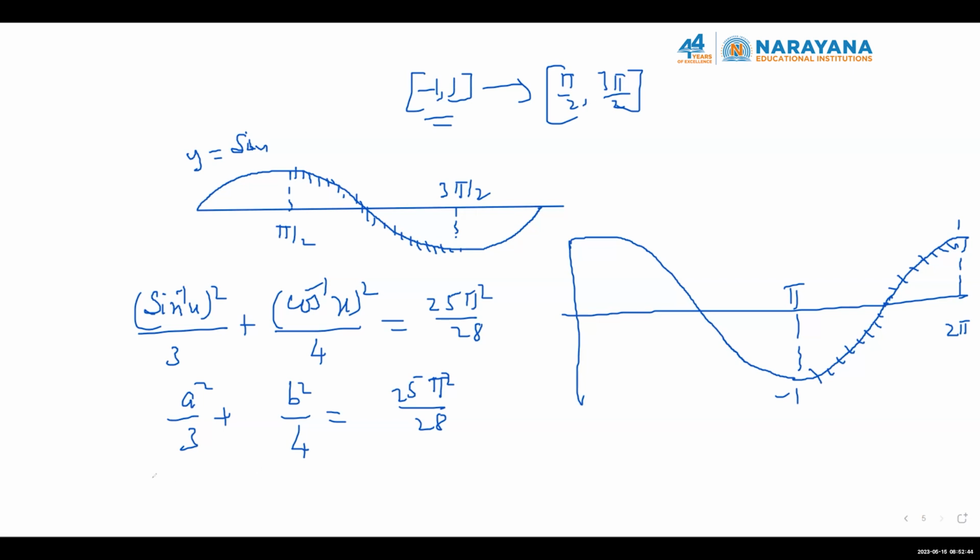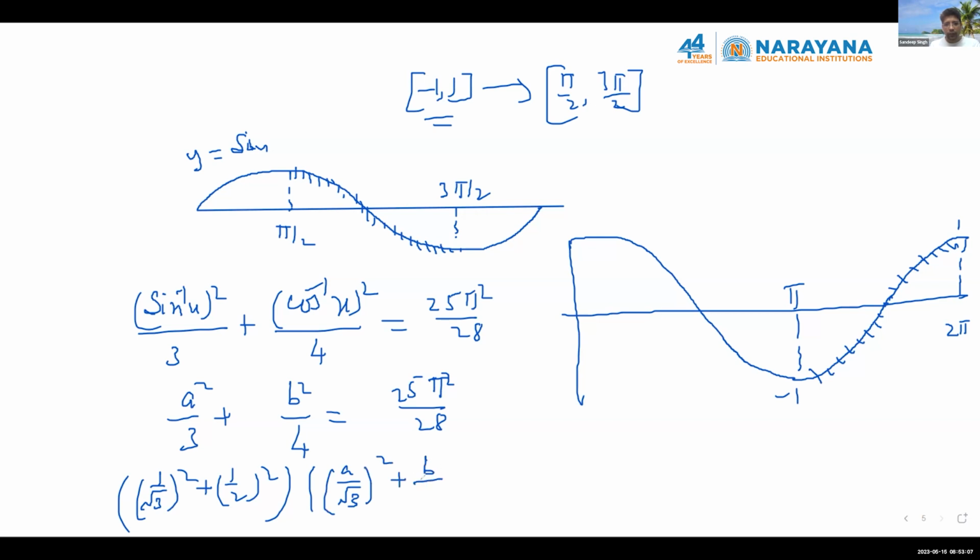Yes, sir. So here I want to keep this like this: (A1 square plus A2 square) into (B1 square plus B2 square) is always greater than or equal to A1 A2 plus B1 B2.